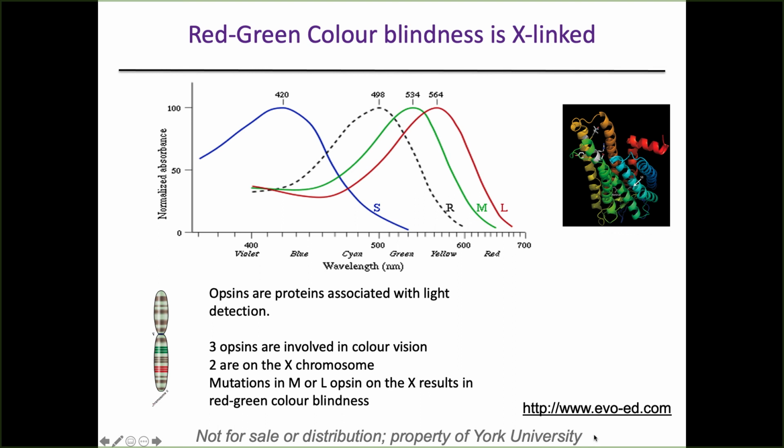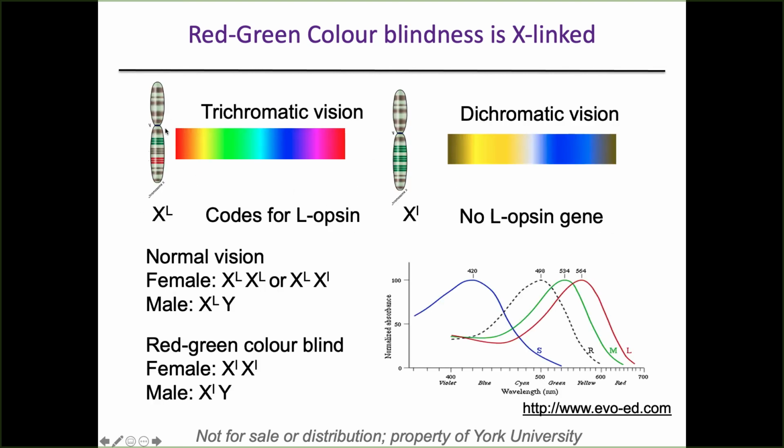These opsin alleles associated with red-green color blindness are X-linked because they're found on the X chromosome, and they're also recessive to the normal opsin allele. Individuals that have all three normal versions of the color detecting opsins are said to have trichromatic vision, and individuals that are lacking a normally functioning opsin are said to have dichromatic vision.